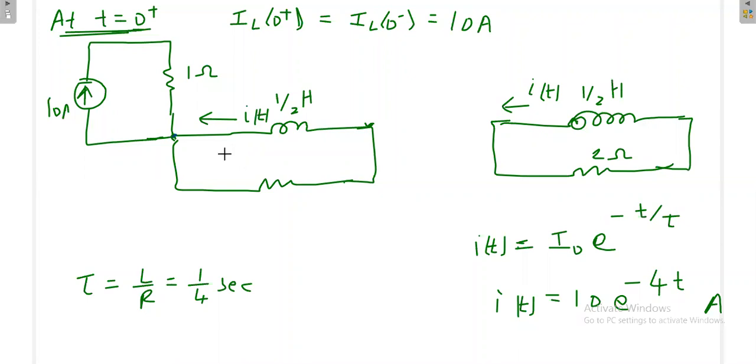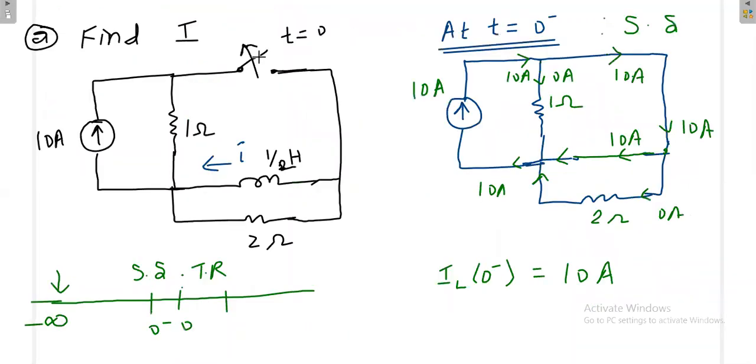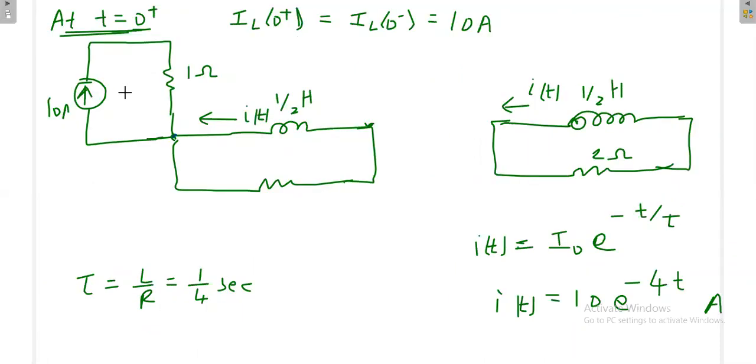Any idea? Can we separate these two circuits or not? Because we have opened the switch, but the source is connected like this. Can we analyze these two circuits separately or not? Anybody? No idea.